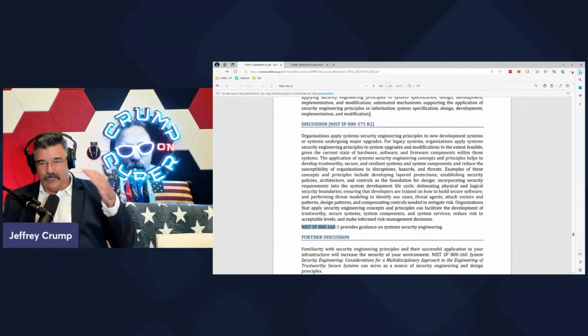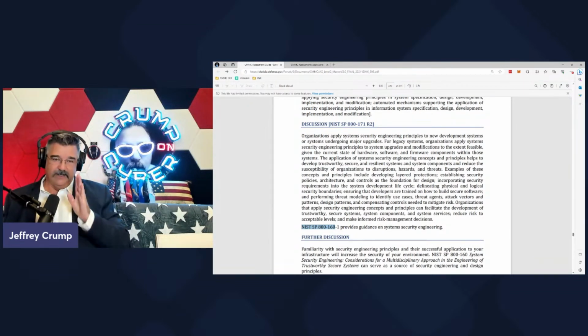And where this framework and these elements can be embedded is from architecture, design, development, maintain, and sustain, all the way across.